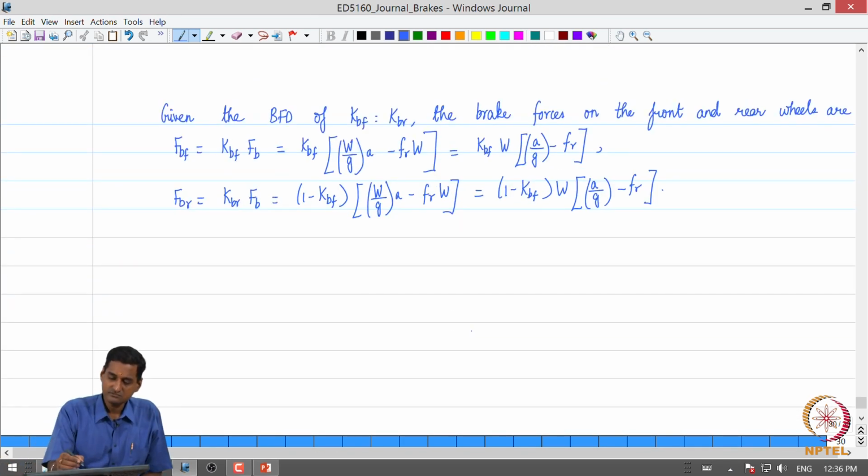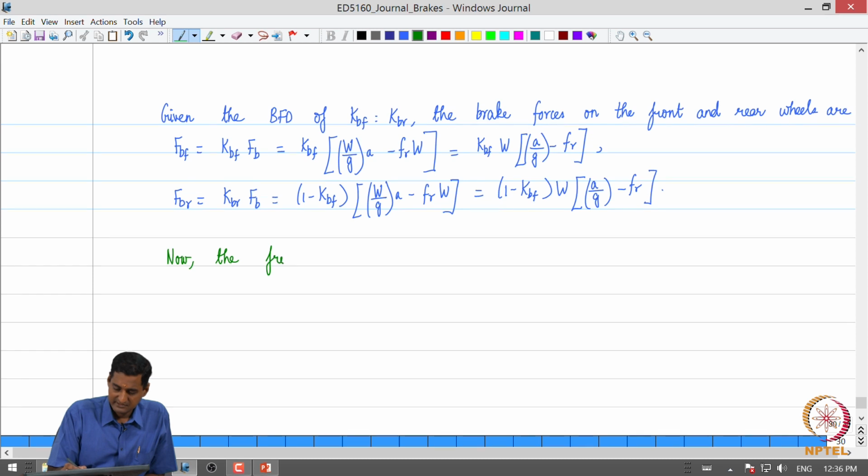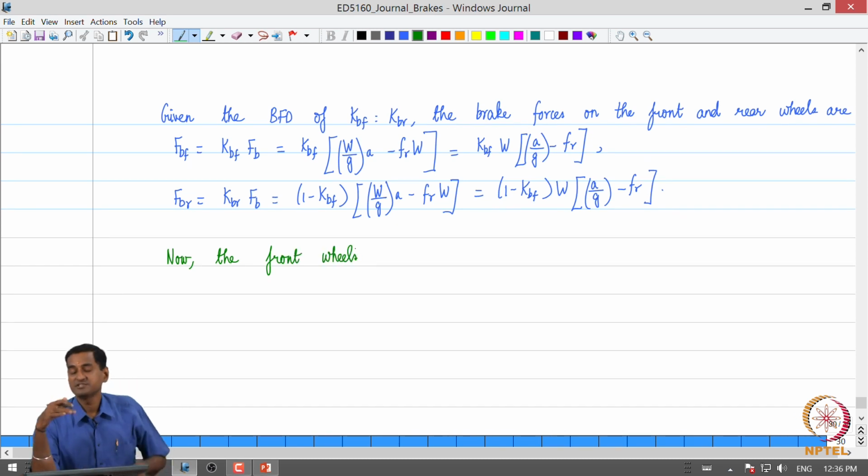Now the front wheels will tend to lock. From our discussion on the traction at the tire road interface, the maximum longitudinal traction is mu p times W at that interface. So, anytime the applied braking force exceeds that value of mu p times W, we are going to have problems.